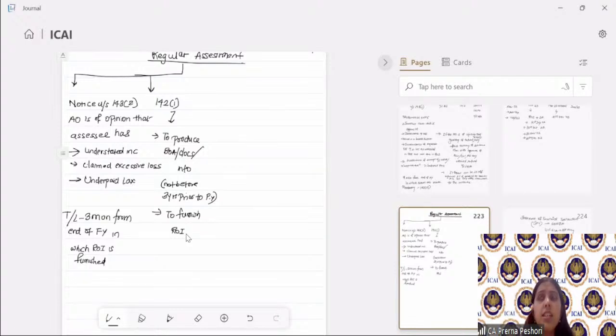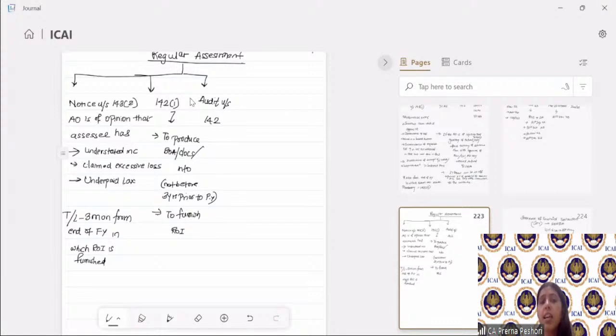Or he feels that this assessee's accounts are doubtful. Or there is a very new kind of business which the assessee is doing, which is out of the AO's knowledge, on how he could process or verify this information. Then he can request for an audit under section 142.